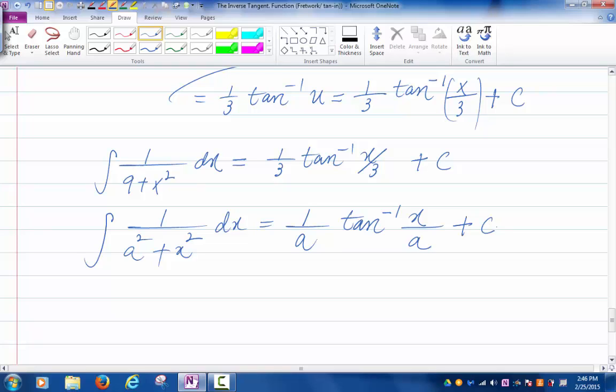Do you guys remember what we got? We did a similar problem for sine inverse, right?